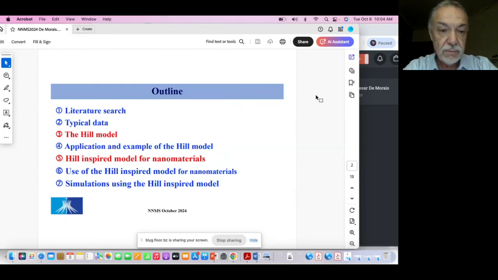And then the next topic is how to use this proposal of including the nanomaterials morphology to explain the in vitro assays. And finally, how we can simulate interesting data based on this Hue-inspired model.